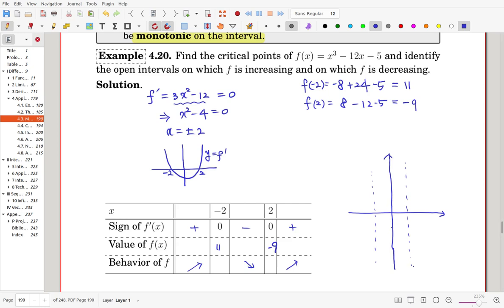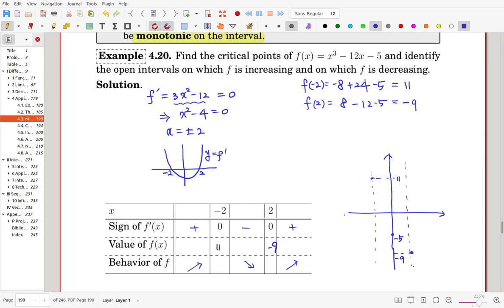Now at 0, it's passing -5. At -2, the value is 11. So that is now 11. At 2, the value is -9. So we say here that is -9.